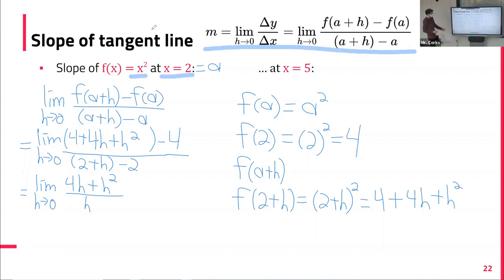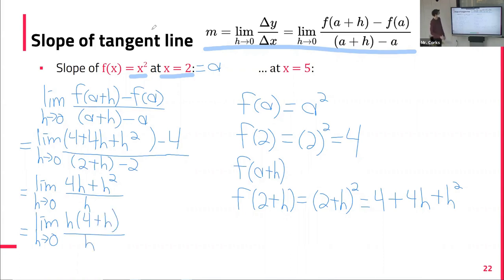Okay, what is the next thing you could notice? All right, common factor of h on the top. Yes, I'm going to do that in 2 steps, just so we can all see. So common factor of h on the top, 4 plus h, and then over h.